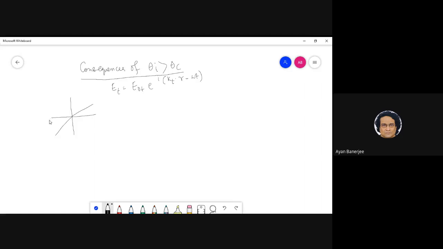So this is my theta I, that is my theta t, and obviously this is your theta r equals theta I. This is ni, that is nt. And I'm saying that this is my z and that is my x.